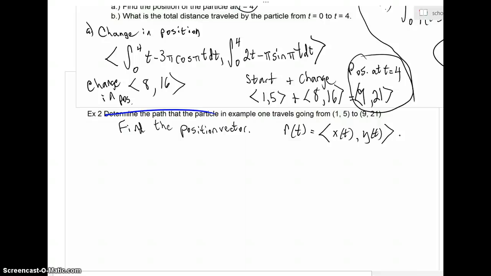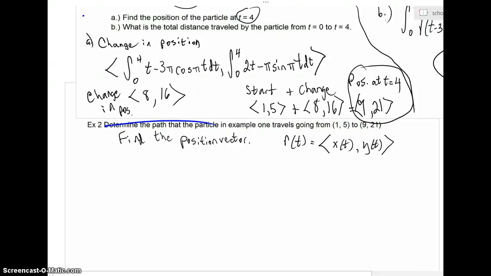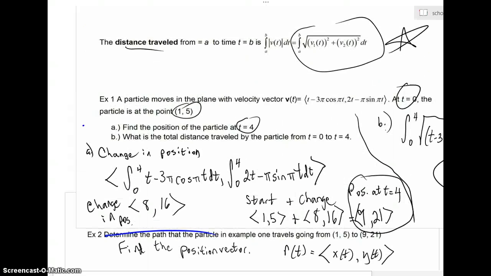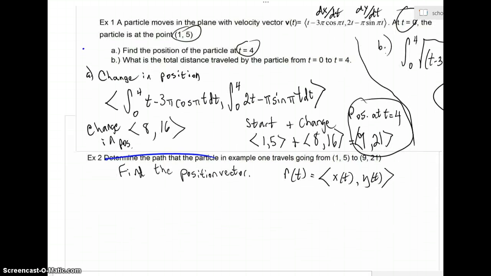Well, thank goodness what you really have, if we scroll back up, the velocity vector is honestly always dx dt and dy dt. So that in and of itself is super, super helpful.